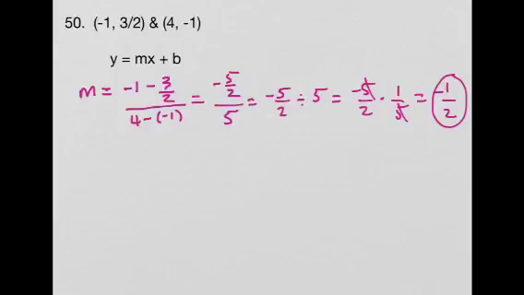So the y value is -1. The m, the slope, is -1/2. The x value that corresponds to the y of -1 is 4. And then we're looking for b. So 4 times -1/2 is -2.